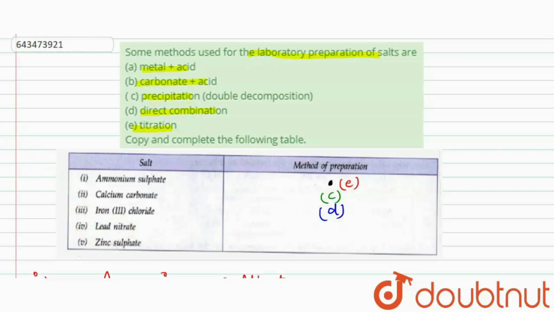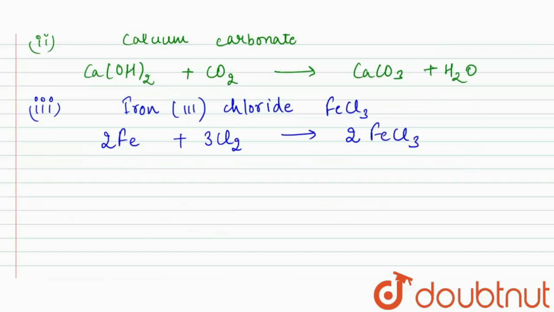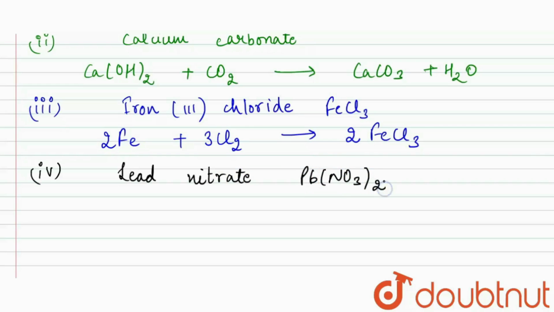Now fourth is lead nitrate. That means we have to form Pb(NO3)2. It will be formed from lead carbonate plus acid, that is nitric acid.